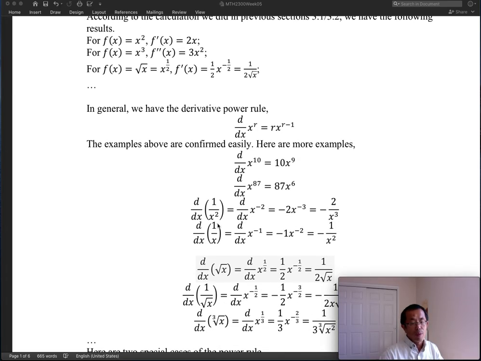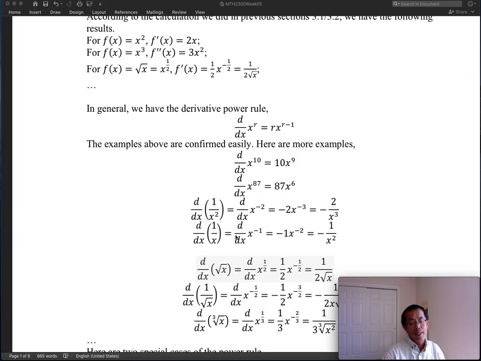Also, many times you see functions like 1 over x squared, 1 over x. They are kind of like power functions, but to be precise, 1 over x squared is not a power function. But when you convert 1 over x squared into x to the negative 2, that is a power function.